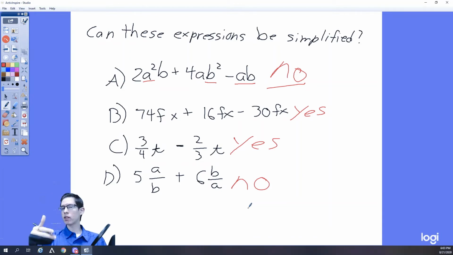And while we could get a common denominator, we would not be able to combine these expressions because the variables wouldn't match up. We would not have the exact same number of A's and B's in the correct spots for either of those fractions. It wouldn't play nice, it wouldn't combine. We're not able to simplify those expressions in any meaningful way.